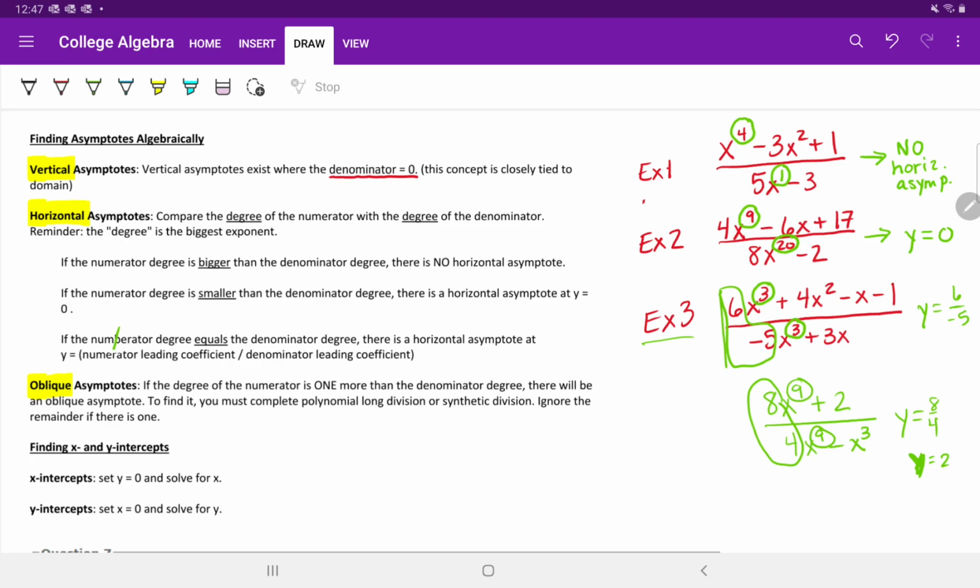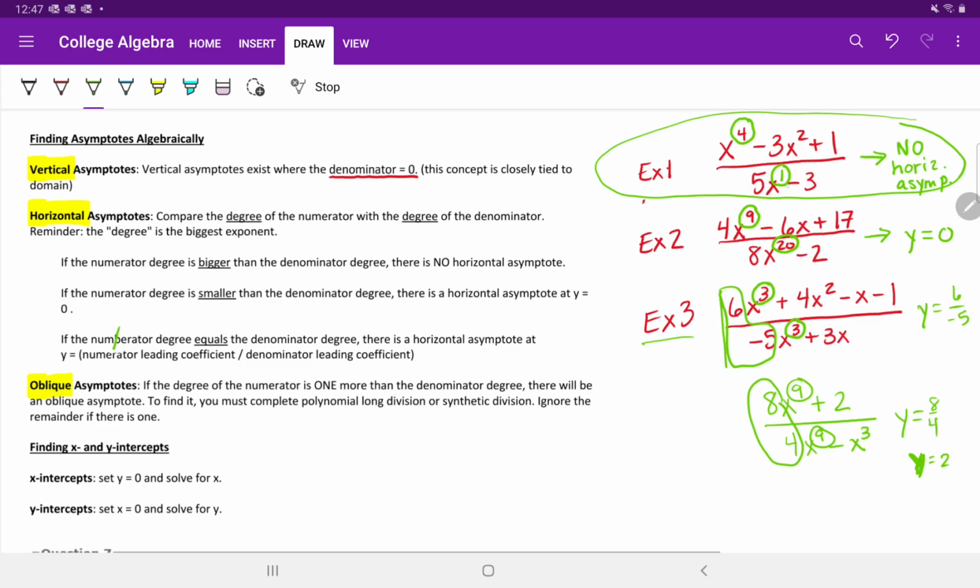So we've talked about vertical, we've talked about horizontal, now let's talk about oblique. Believe it or not, oblique is the tough one. It's even tougher than horizontal. Oblique asymptotes exist if the numerator's degree is 1 bigger than the denominator's degree. Example 1's numerator degree is bigger, but not by 1.